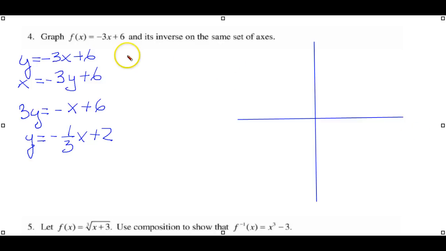on this line. One is y equals a negative 3x plus 6, and then its inverse. So let's do that.